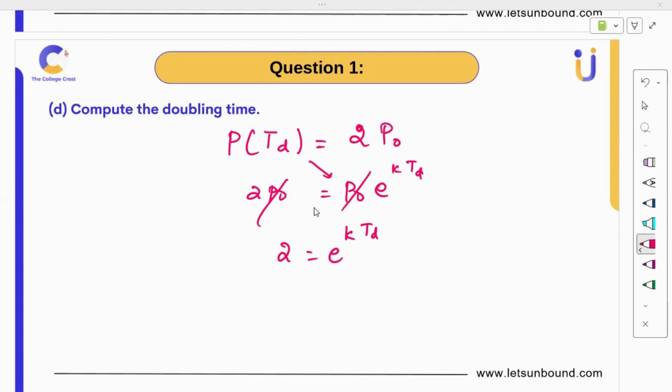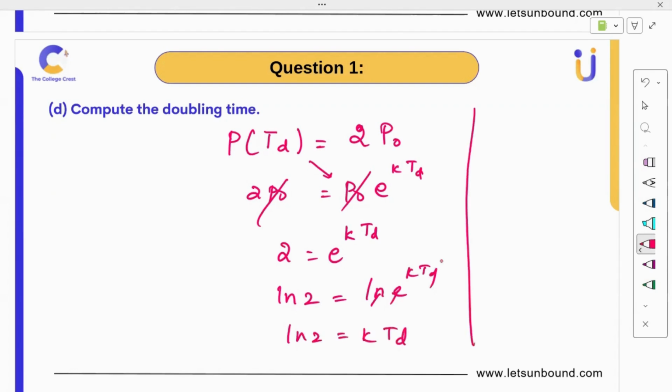We will get ln 2 equal to, when I take ln on both sides, ln e power K TD, and ln and e cancel, so ln 2 is K TD. So the doubling time is ln 2 by K, right?